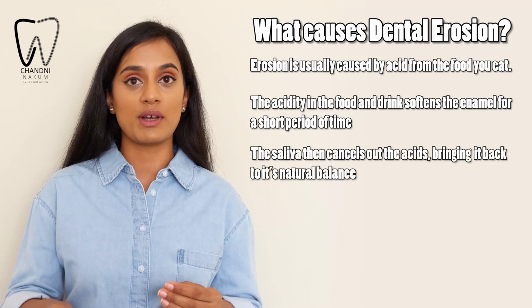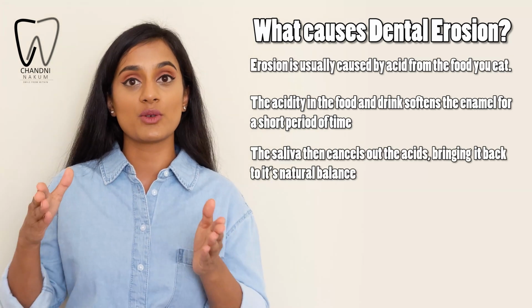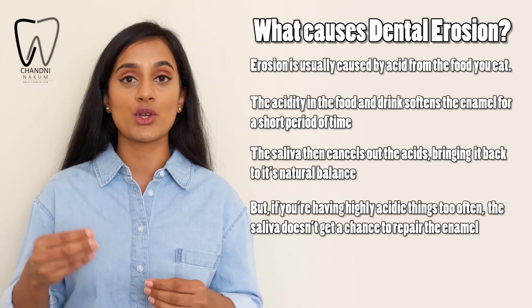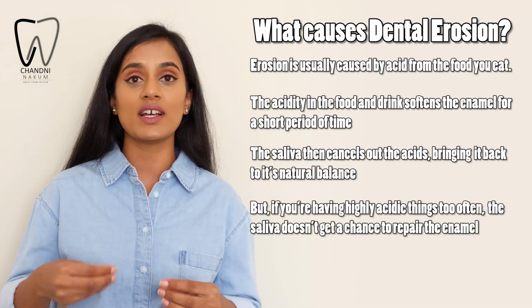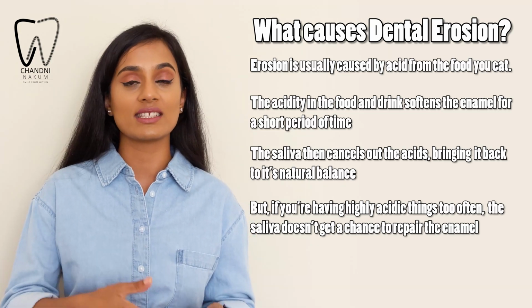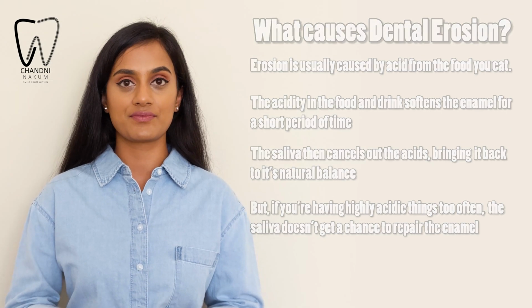The saliva in the mouth can then cancel out these acids and bring it back to its natural balance. But if you're having something acidic too often, the saliva hasn't had a chance to repair, and so that means that the small parts of the enamel can come away.